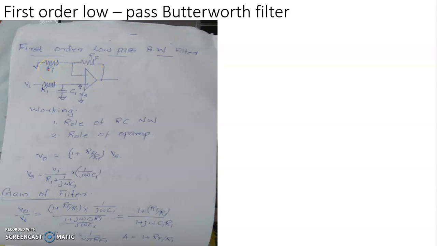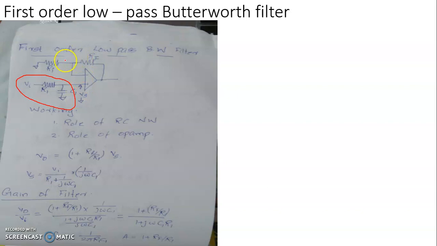We will now see the construction, design, working of a first order low pass Butterworth filter. The passive filtering component of the circuit is this pole consisting of a series combination of a resistance R1 and a capacitor C1.